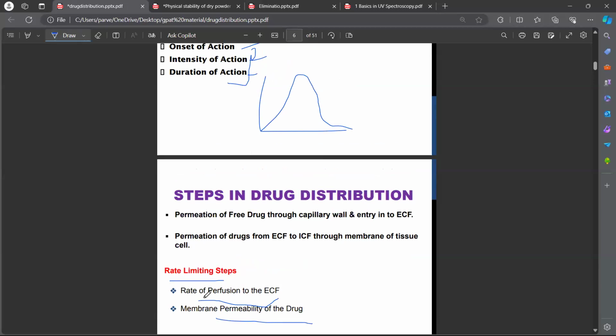So for which kind of drug is the rate of perfusion the rate limiting step? For a drug to have the rate of perfusion as its rate limiting step, what properties does the drug possess? Answer it, guys.